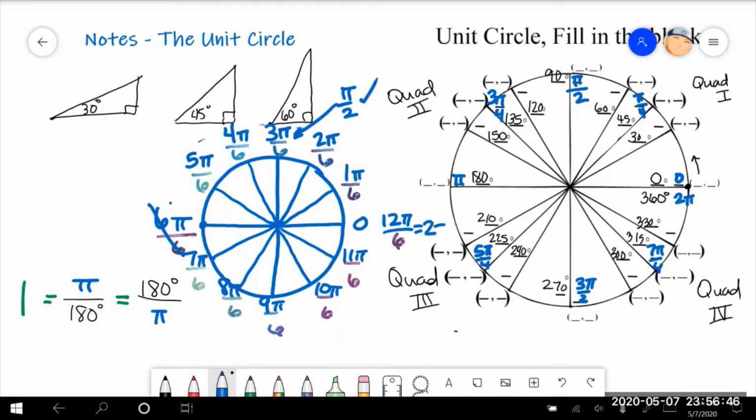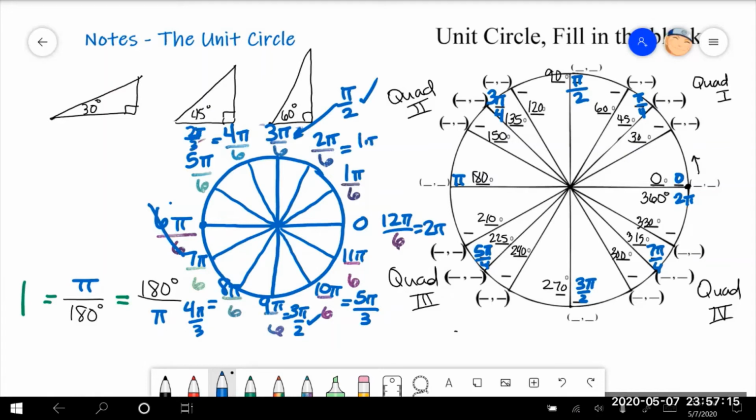This guy becomes 2 pi, which is good because that's what it should be. This one can be reduced to 5 pi over 3. 3 pi over 2, awesome, we needed that to be the case also. 4 pi over 3. Over here we can reduce some, 2 pi over 3.